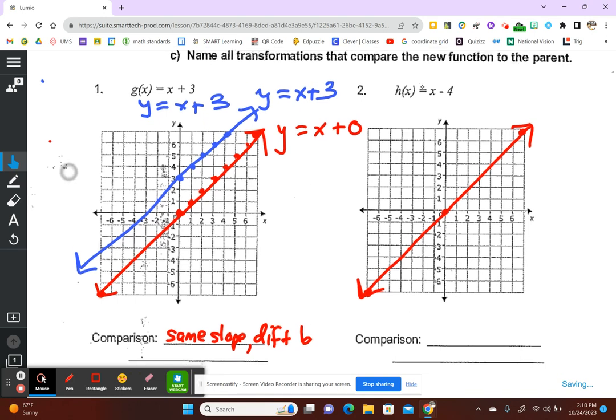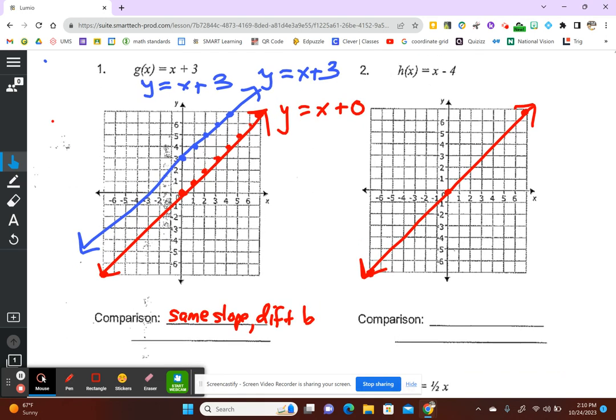Now, what type of transformation is this? Let's see if you can think of the name. I added 3 here and nothing there. So I added to my function. Whenever you add or subtract, think of the different transformations. That's a translation. So a translation has the same slope but different y-intercept.